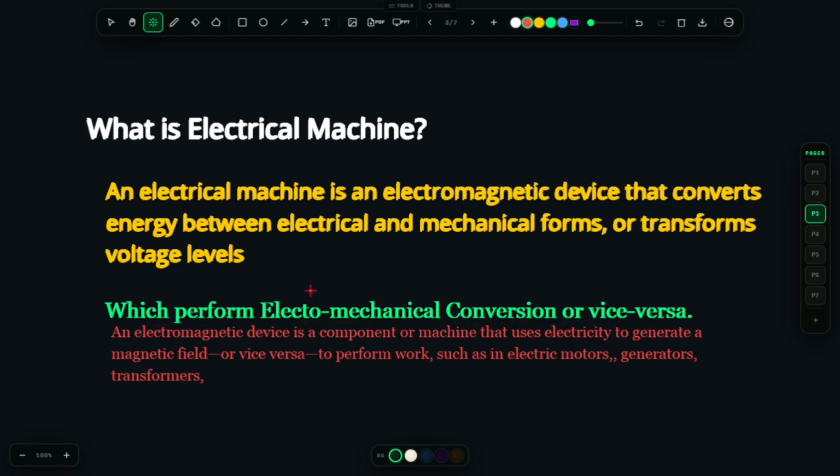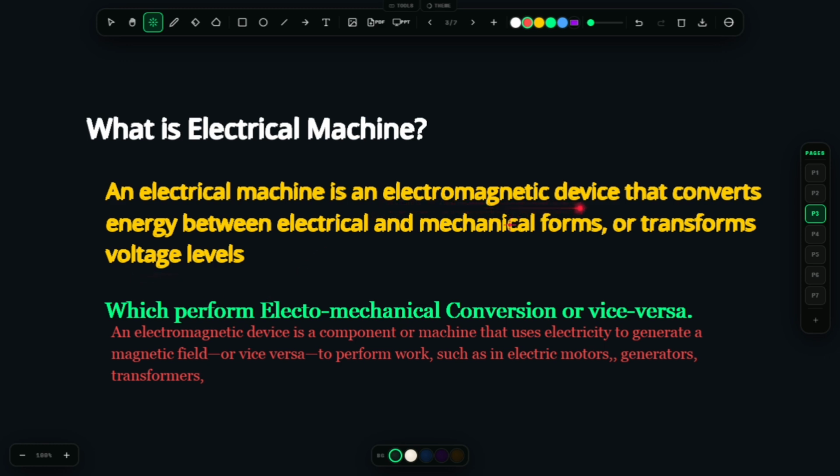It means a machine which converts electrical energy into mechanical energy or mechanical energy into electrical energy is called an electrical machine. So what is transformer? Transformer does not convert one form of energy to another form of energy. It only changes the voltage level. So one term is here, it's called electromagnetic device.